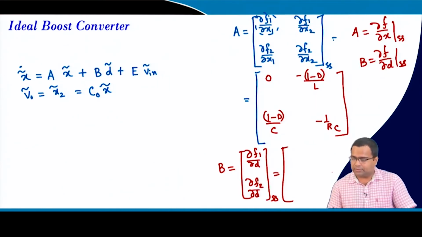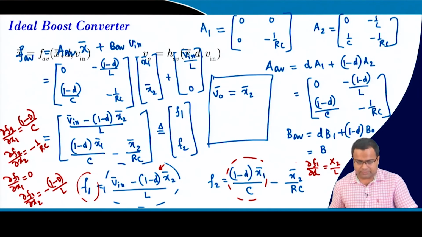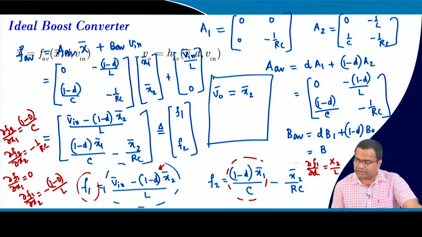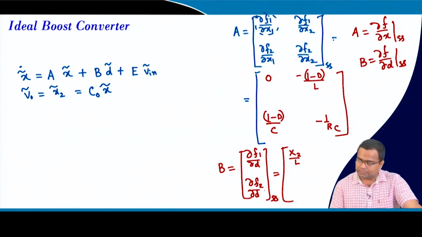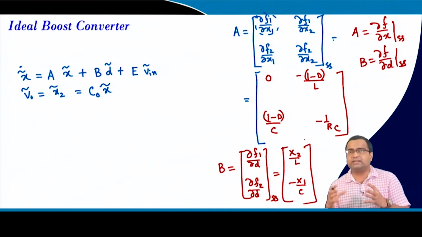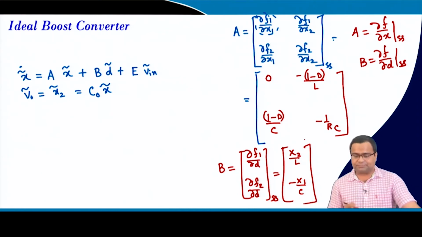So, it is x2 by L for dou F1 dou d, and dou F2 dou d is minus x1 by C. Here x2 is the steady state value of the capacitor voltage, and x1 is the steady state value of the inductor current.